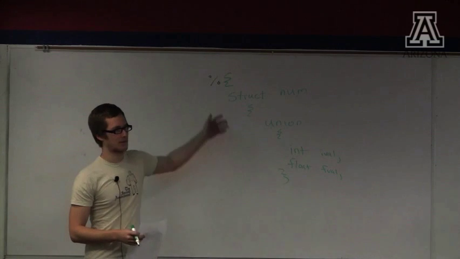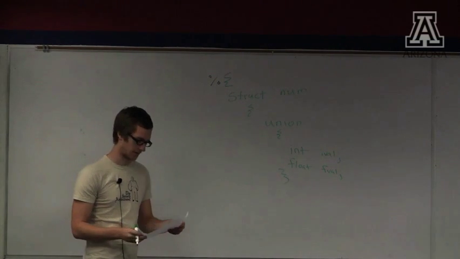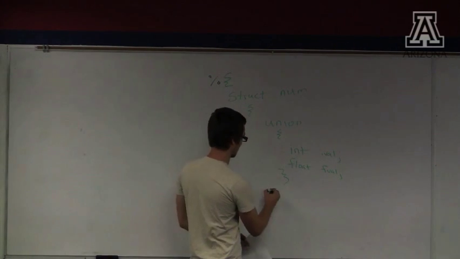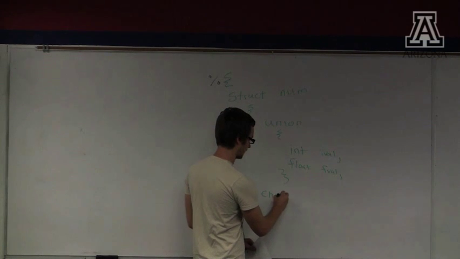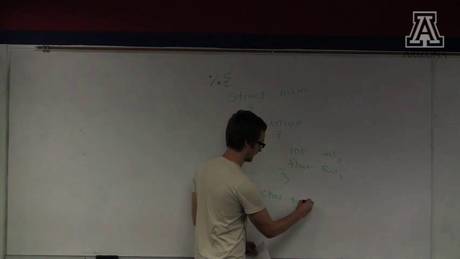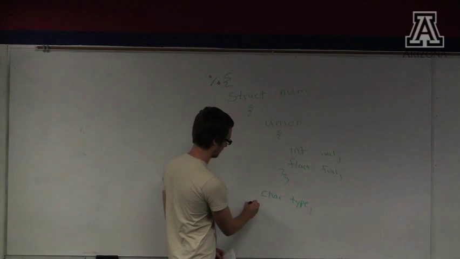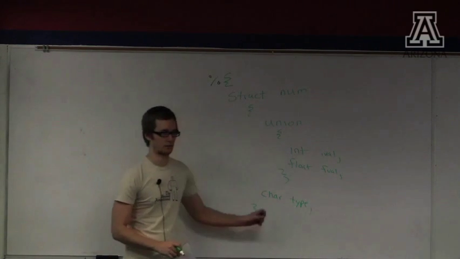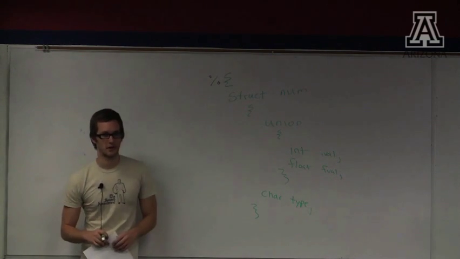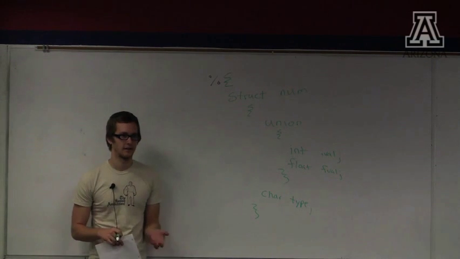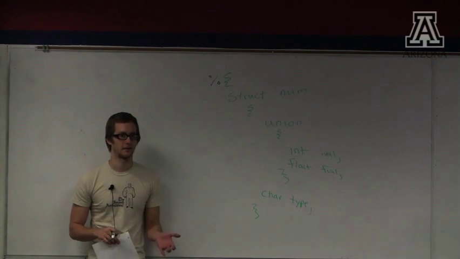But we also want another piece. That's why we've made this a struct in the first place. We also want to have, let's say, we could just call it a char type. You could really have anything you want as this char. I mean, it doesn't have to be a char. You could have an integer identifier, and hell, you could have a floating point identifier.